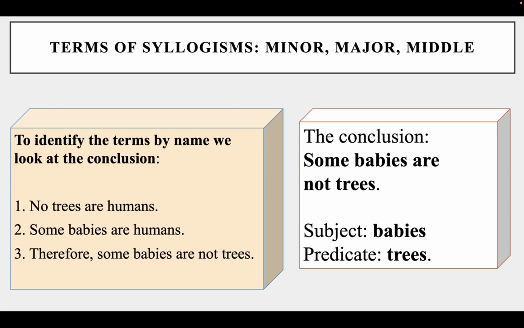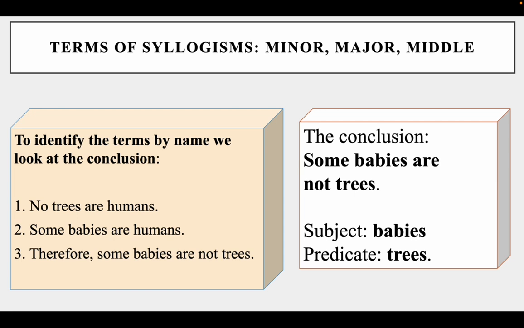So to identify the terms by name, we look at the conclusion. So take this argument as an example. No trees are humans. Some babies are humans. Therefore, some babies are not trees.